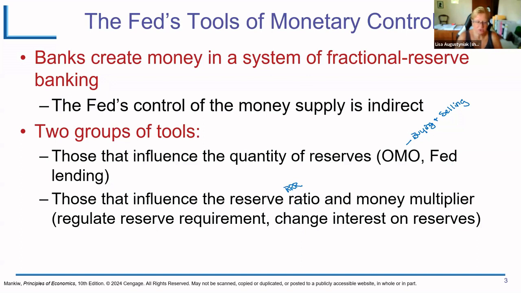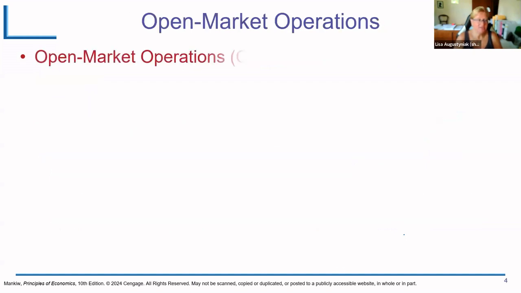So if they can raise or lower that, that will impact the money multiplier. They can also start to change the interest on banking reserves. We call that IOBR. And that's a relatively new tool that we're going to look at in this objective.